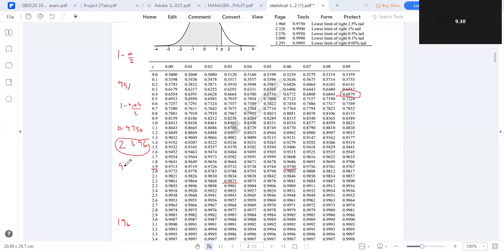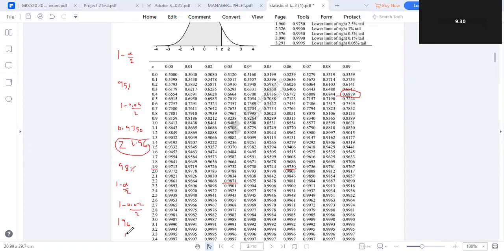Suppose they gave us 98%. How do we read that one? It's 1 minus alpha over 2. So 98% leaves 2%, so 1 minus 0.02, divided by 2. So 0.01, which gives 0.99.